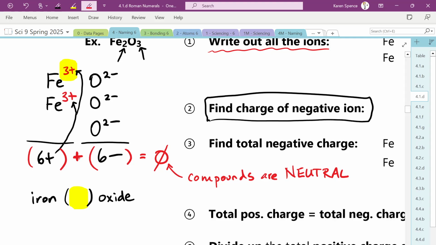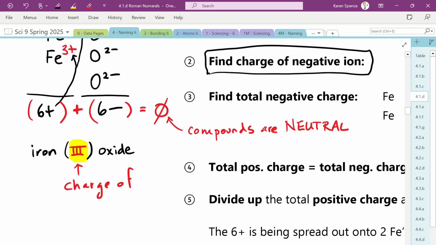So our charge is 3, Roman numeral 3. So its name is iron 3 oxide. Okay, and let's not forget that right there is the charge of 1 Fe. In this case, Fe 3 plus.